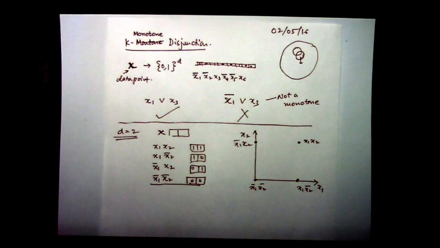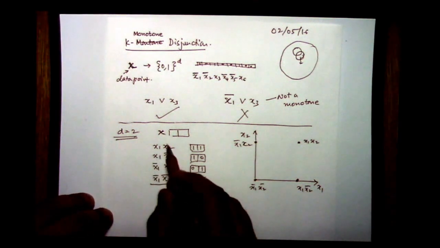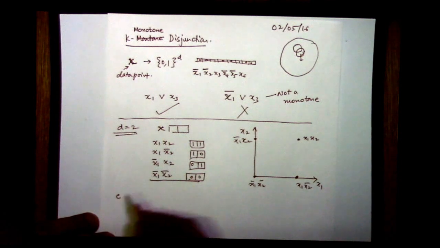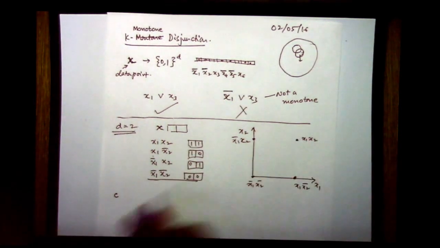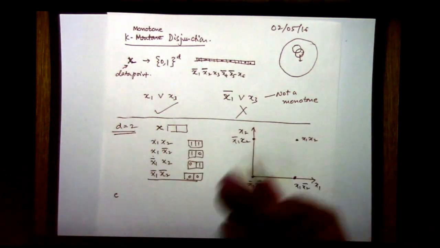Going back to our second class, a concept essentially partitions your data into 2 parts. Some it calls positive and some it calls negative. Of course, a disjunctive concept will also do the same, which means that whenever you label your data points with a concept C, some of these will become 1, some of them will become 0, or positive or negative.